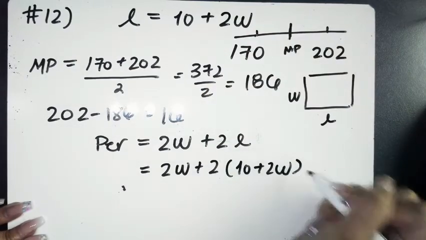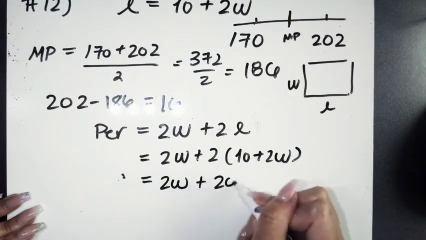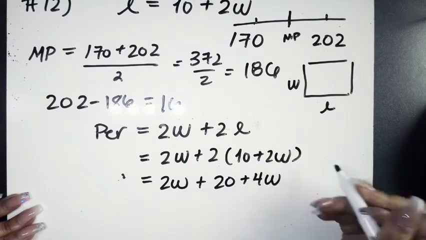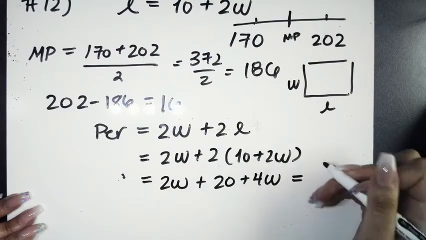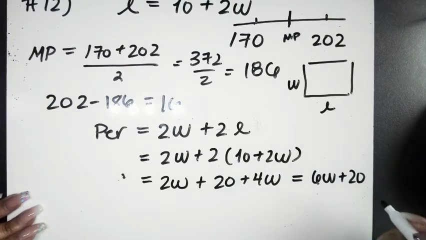After that you have 2W plus 20 plus 4W, which is equal to 6W plus 20, and that's your perimeter.